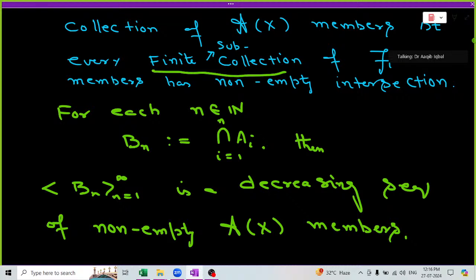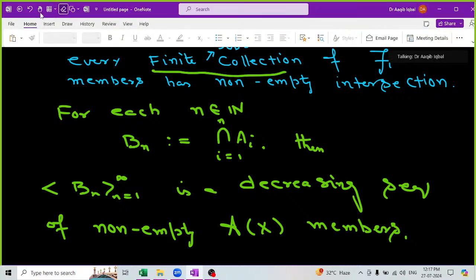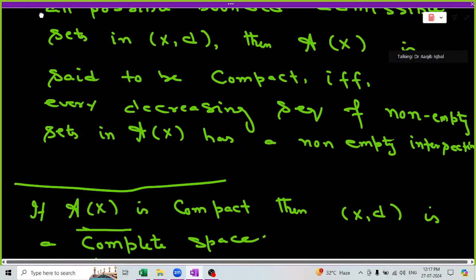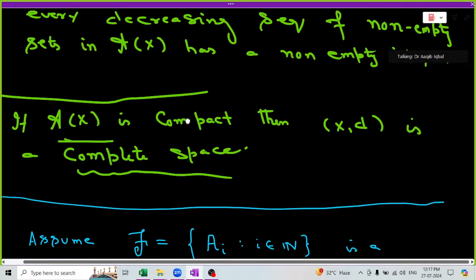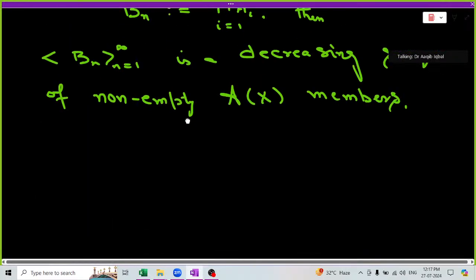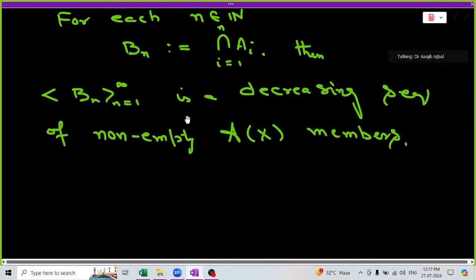So Bn's में ये चीज़ है, if you consider sequence of Bn's, it is a decreasing sequence of non-empty AX members, and therefore if you go by this property of AX, जिसको हमने compactness नाम दिया, if you assume that AX has this property, every decreasing sequence of non-empty sets in AX has non-empty intersection, अगर आप ये assume करते हैं तो यहाँ से फिर आप मुझे क्या बता सकते हैं?